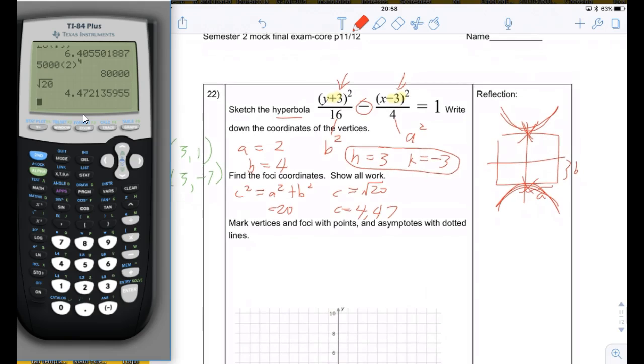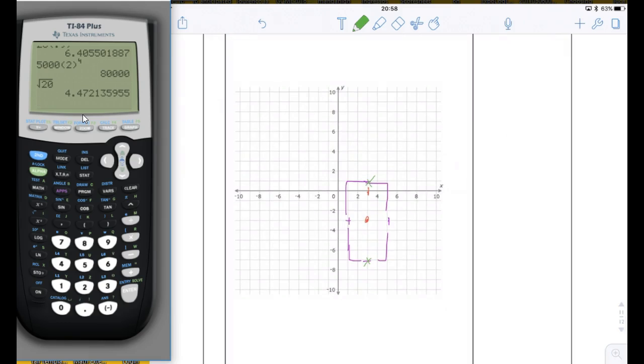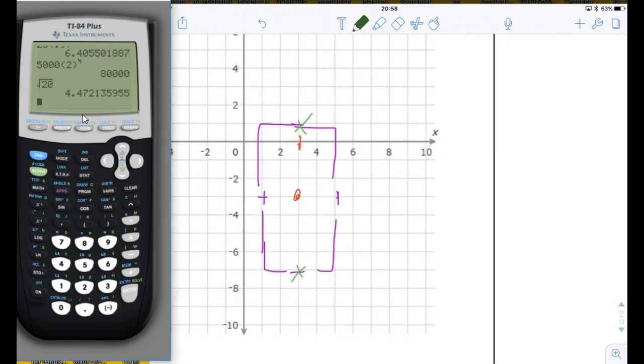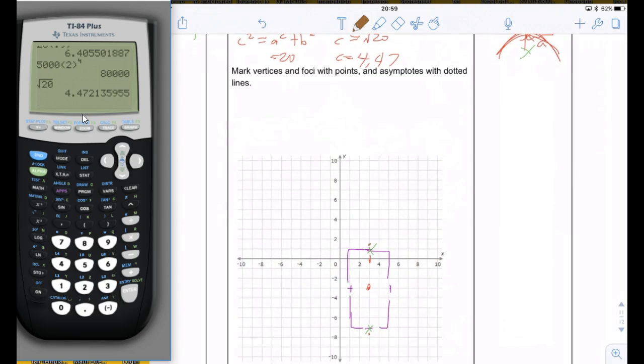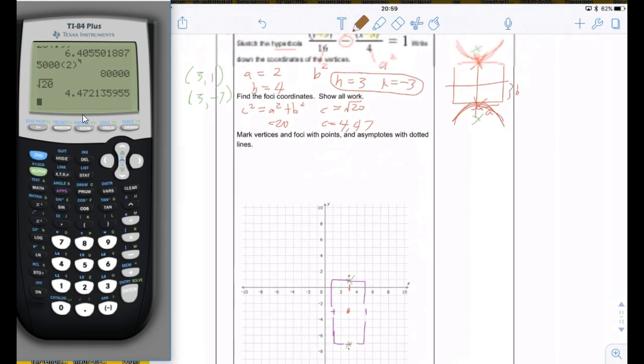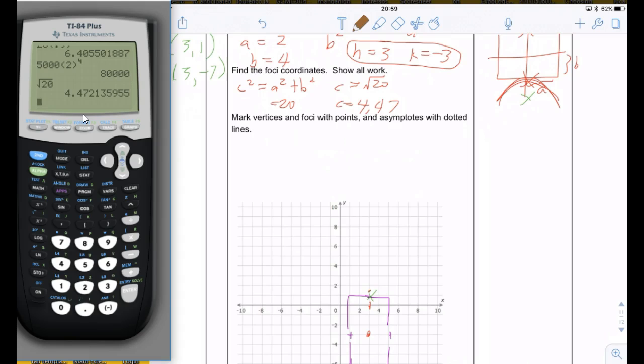And notice that the vertices are top-bottom. So that means that the foci are also top-bottom. So the foci would be located around here and around here. Okay? And the coordinates would be slightly above the vertex, but it would basically be c distance away from the center. And remember, our center is 3, negative 3, right?